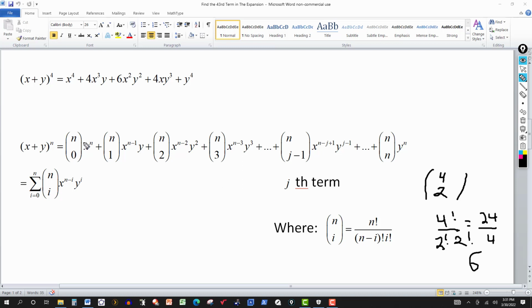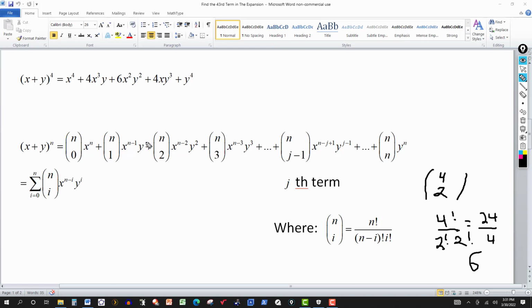So in this expansion here, if you're looking at, say, this one here, say the power here is 4, this would be 4 and this would be 0. 4 select 0 would be 1, so the coefficient is 1. If I put a 4 there and a 1 there, that would give me 4 using this formula here.